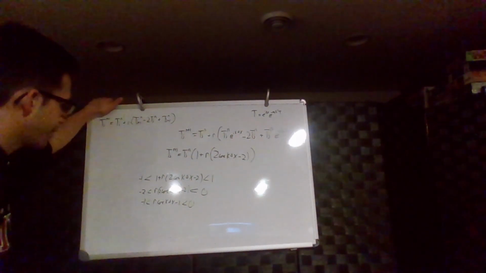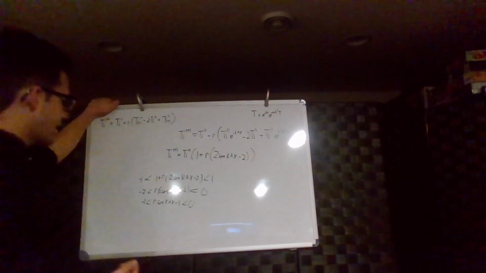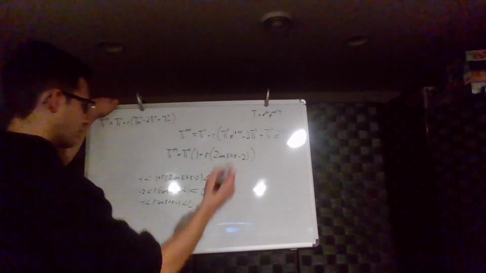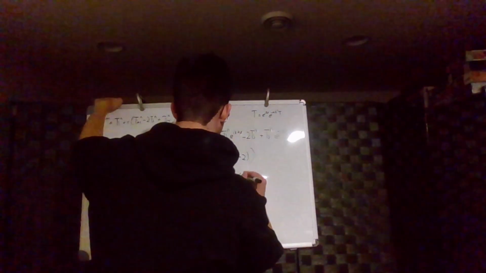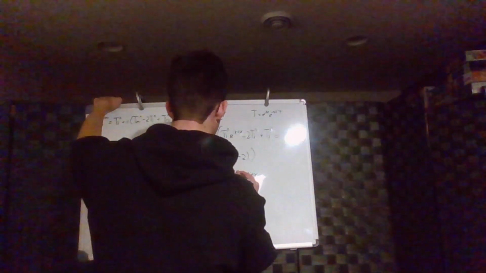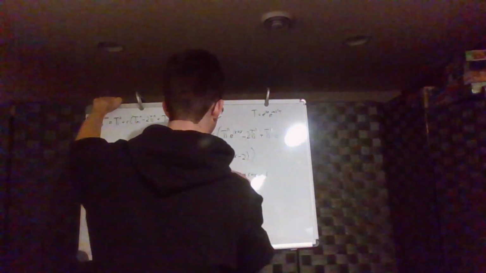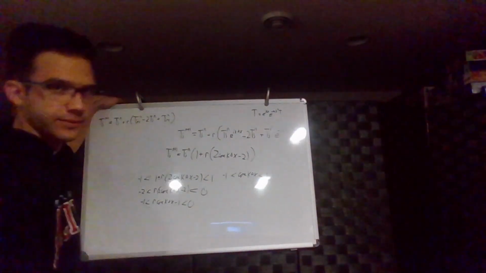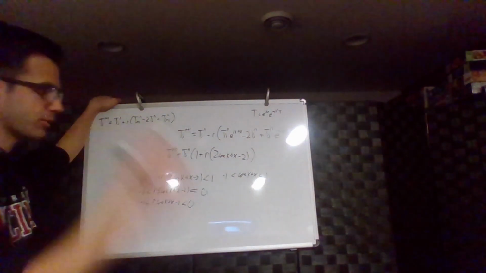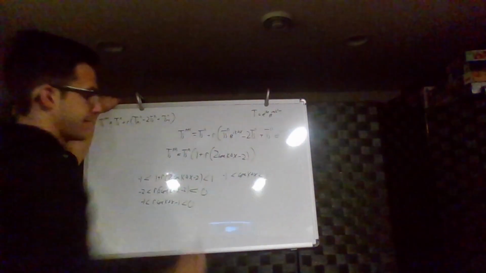All right. So looking at this now, we see that this cosine k Δx is in there. Well, we know that cosine k Δx has to be between 1 and negative 1. Why? Because cosine, we remember, is a wave function that's bounded by 1 and negative 1. No matter what it is, it's going to be between 1 and negative 1.